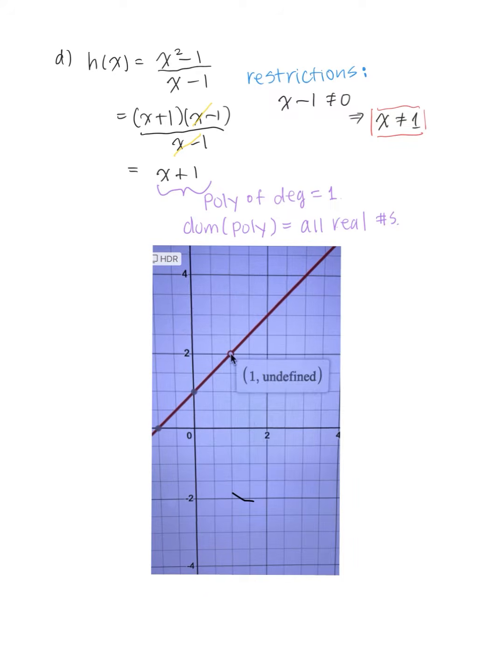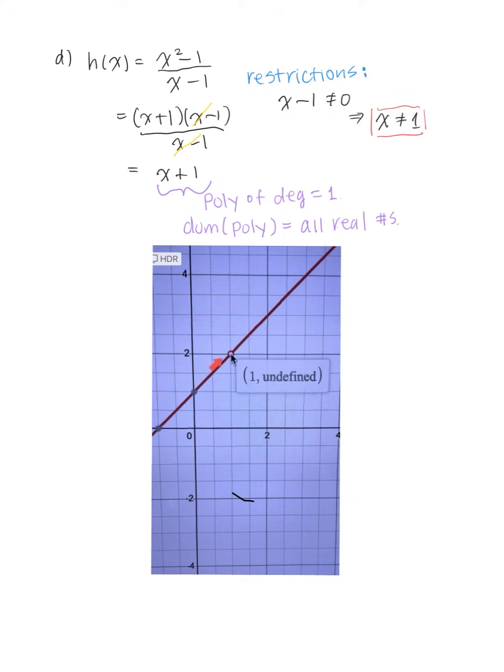All right, so here is the graph of our h of x. Notice that this is the equation y equals x plus 1, isn't it? Because look, when x is 0, y is 1, correct? Now, let's take a look at when x equals 1, and the graph says that at that point, your y value is undefined.